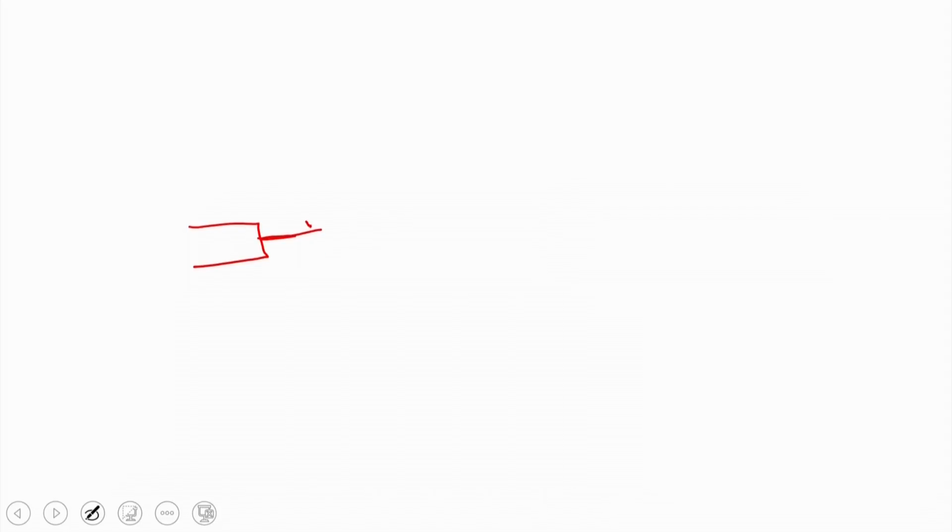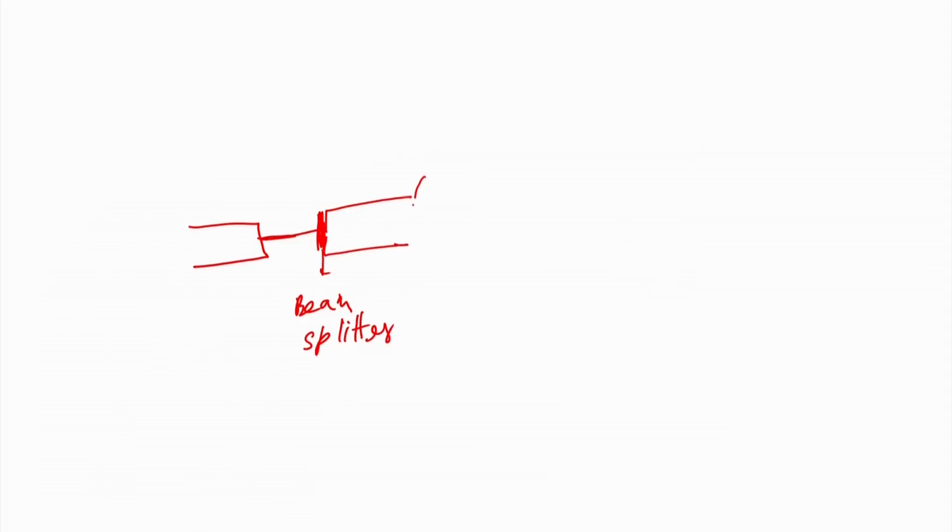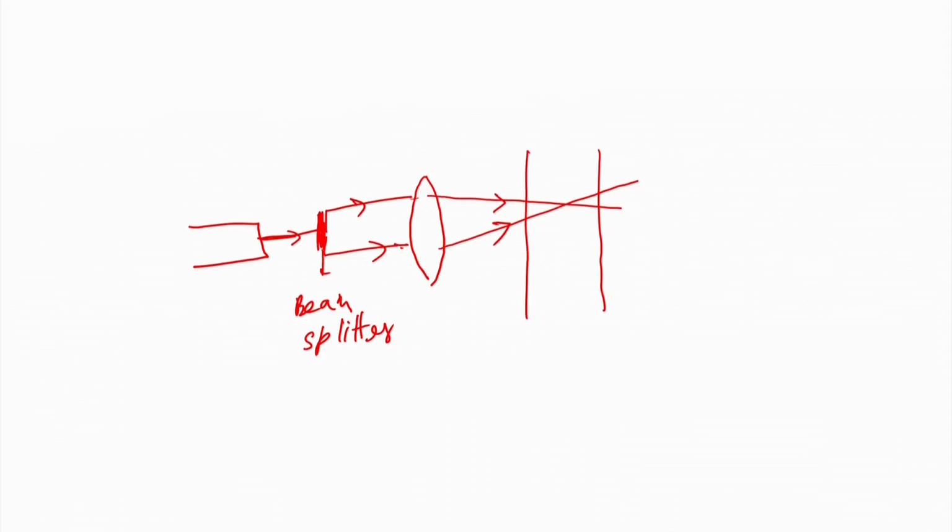You take a mirror, you incident it, you take, let us say, a beam splitter, this is the beam splitter, and you split it into two beams. You take a lens, you focus these two beams at a particular location inside the flow of interest.